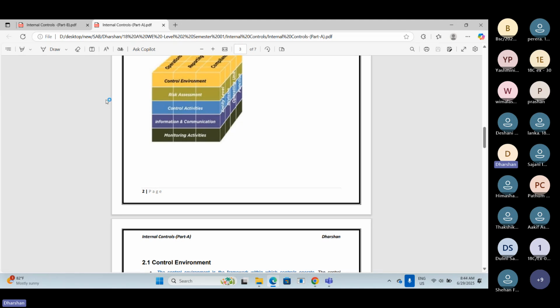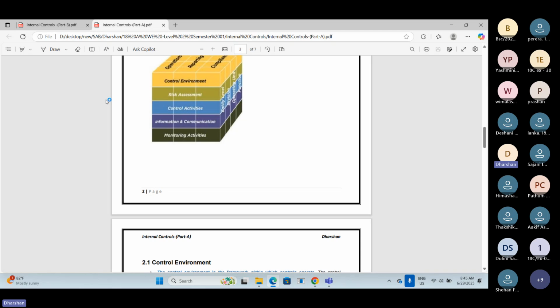First of all, in order to implement a successful internal control, the base is the control environment, because it includes the head of the operations. In simple terms, the board of directors, their attitude, functions, actions, culture, their thought process in relation to internal controls implementation. Whether they need strong control or not.